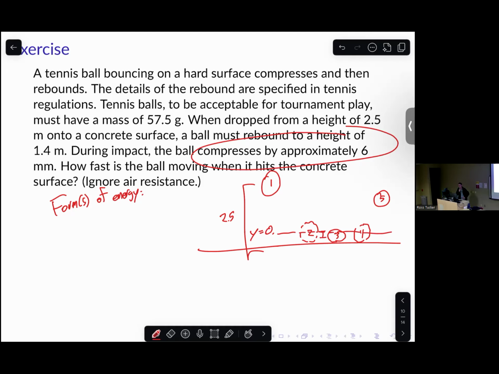You could do this. You're just naming things: M, N, O, P, and Q, the forms of energy at times 1, 2, 3, 4, 5. I mean, kind of duh, right?